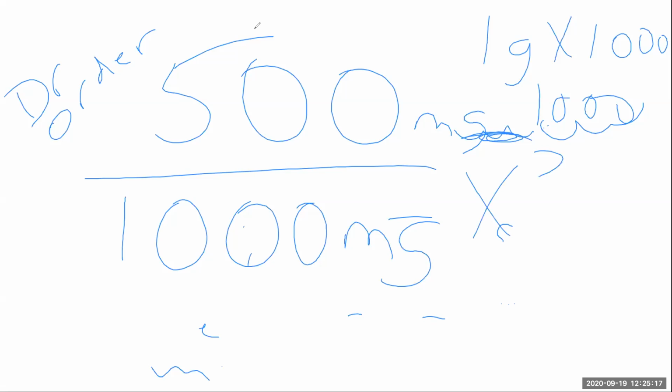So you take the 500, you divide it by 1,000, and you multiply that whole thing times 3, and what did you get? 1.5. Okay, anybody get anything different or not understand? Okay, so 1.5 was your correct answer, A.